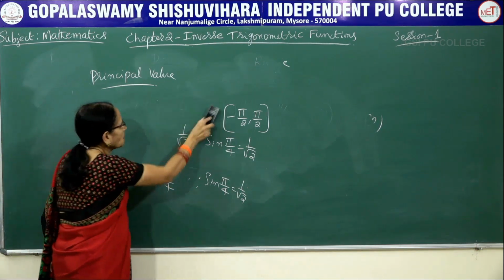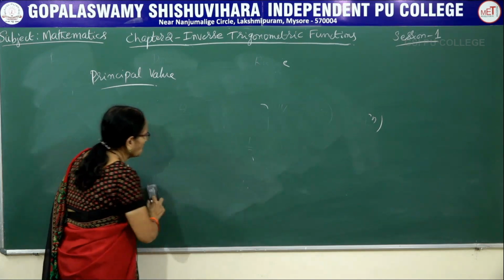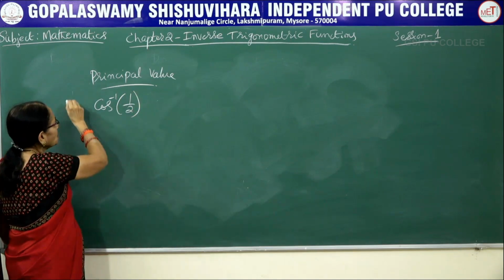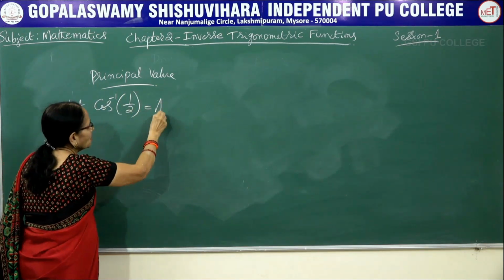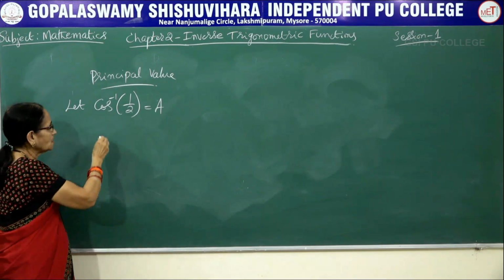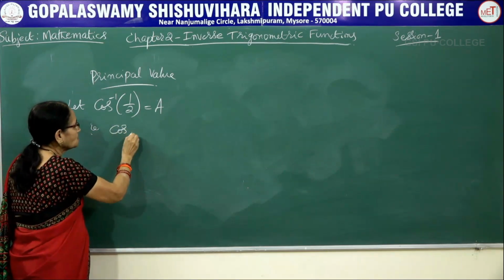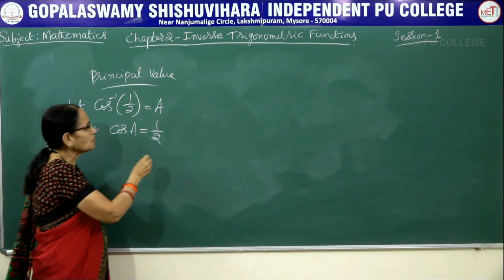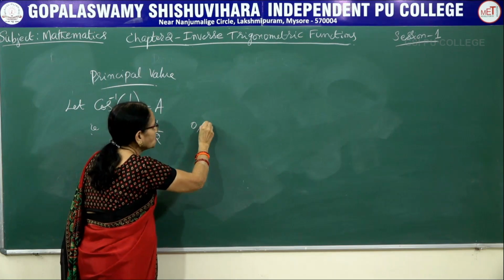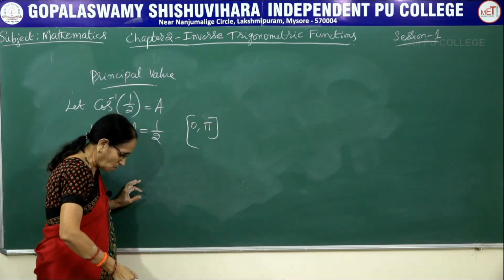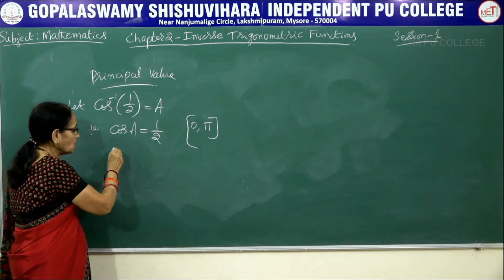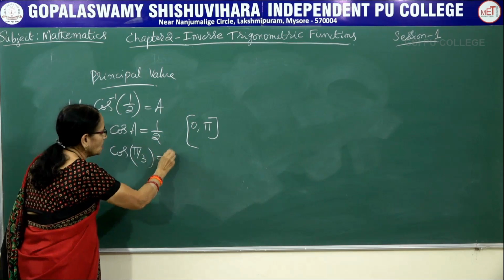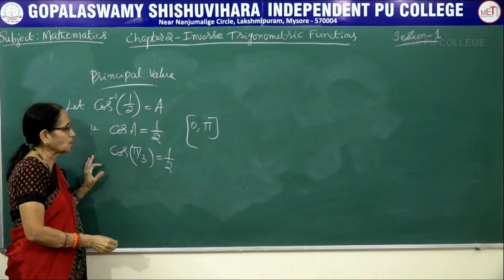Now, let me consider another example. Cos inverse of 1 by 2. Let me equate it to some angle, say A. That is, I can write cos A would be equal to 1 by 2. What is the principal value branch of this one? It is the closed interval 0, pi, isn't it? Now, we know that cos of pi by 3, which lies in this interval, is also equal to 1 by 2.